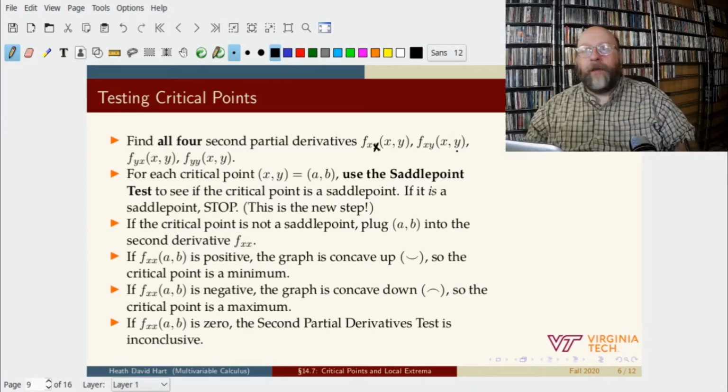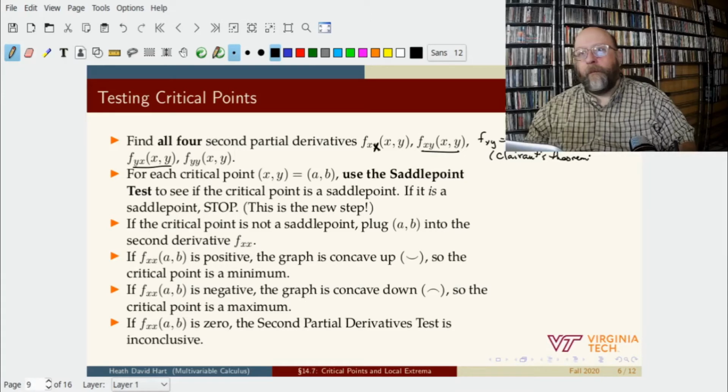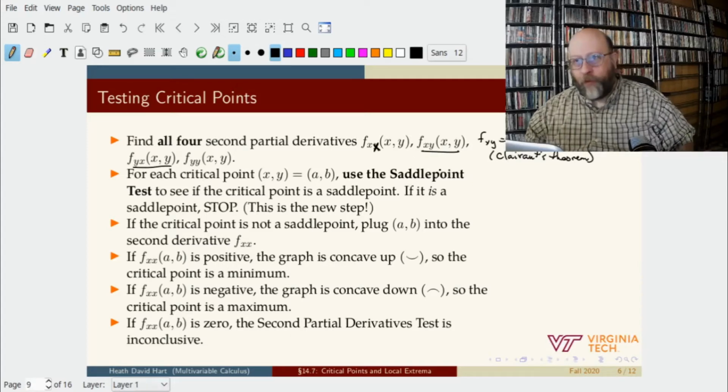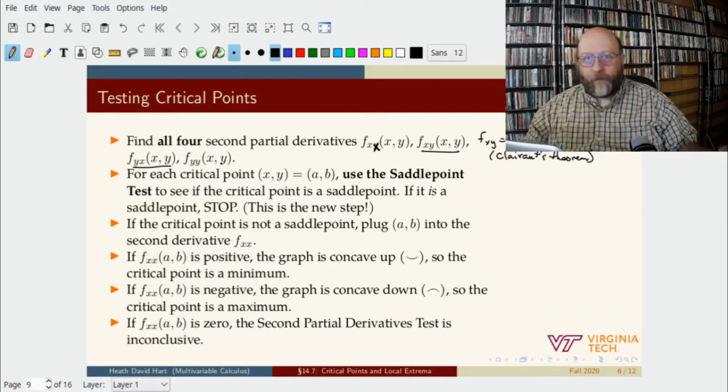But this one and this one should be the same, by Clairaut's theorem. Unless the function has an infinite number of discontinuities that we can't isolate, these 2 are going to be the same. So we really only have to find 3 partial derivatives. We just have one of them show up twice.